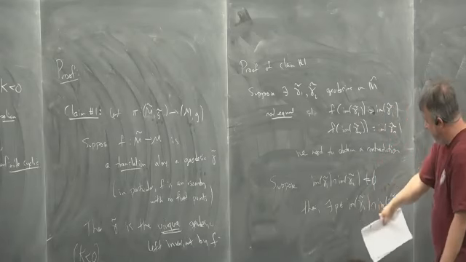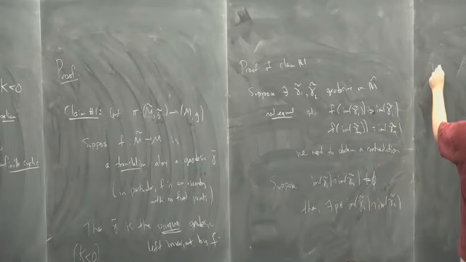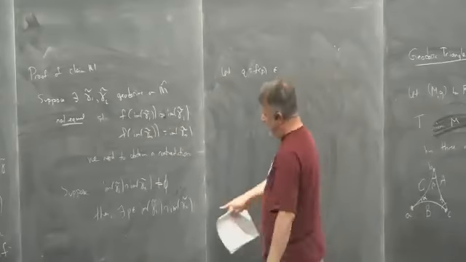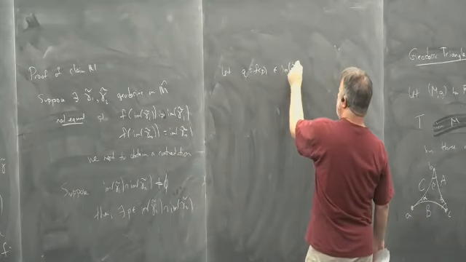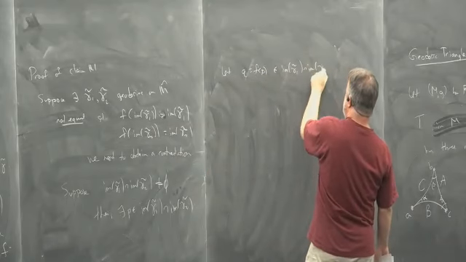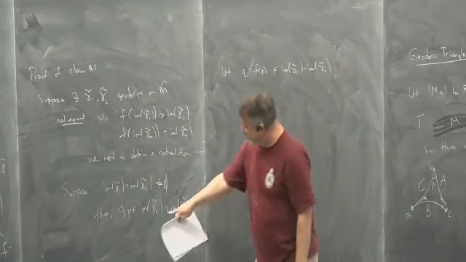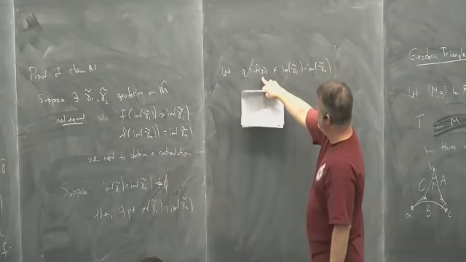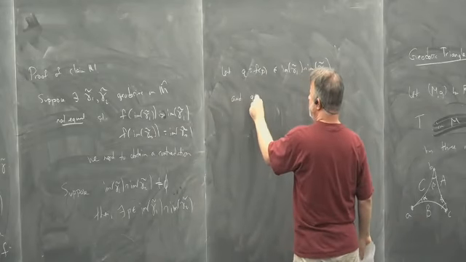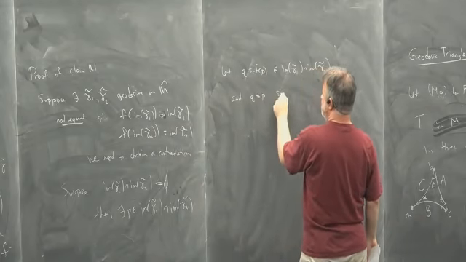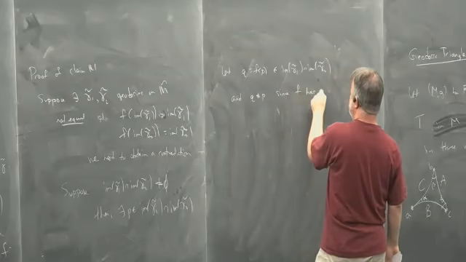If it's not empty, there's something in there. And then let Q be equal to F of P. This has to also be in there, because each of those sets is preserved by F. So if I take something which is in both of those sets, its image under F will be in both of those sets. And Q is not equal to P, since F has no fixed points.